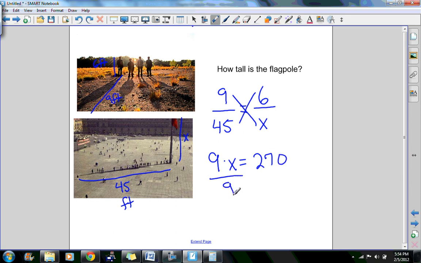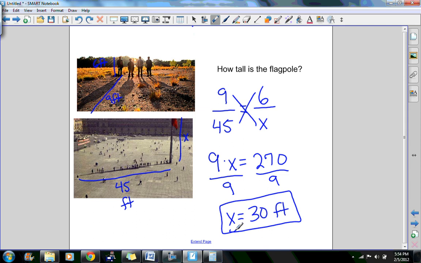Then I divide by 9. And I end up getting x is equal to 30 feet. And that makes sense because the shadow is longer than the person here. Looks like the shadow is longer than the flagpole here, so the flagpole needs to be shorter than its shadow. And so there you go, that's it.